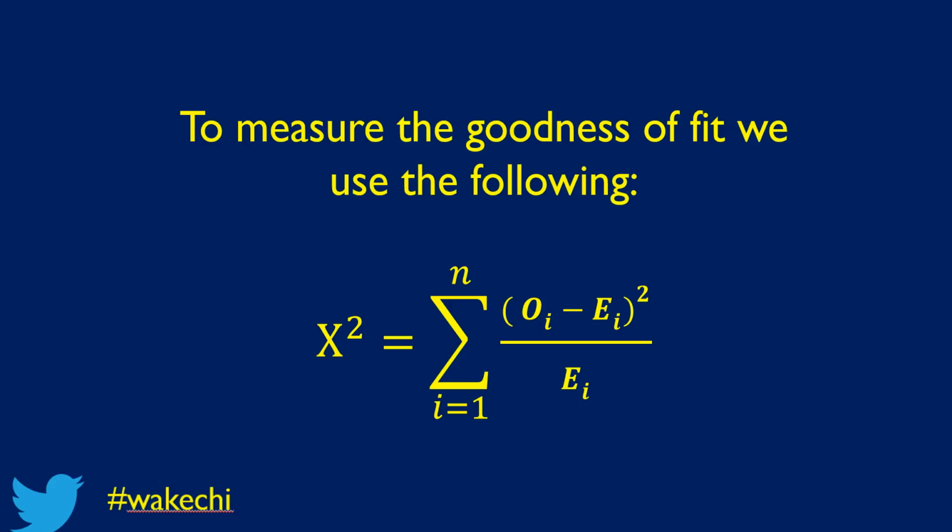What goodness of fit is concerned with is the difference between your observed data and the expected data. If you look at the formula, the further apart our observed data is from what we expect, the bigger this chi squared is going to be. So the closer this is to 0, the better it fits the data. The larger it is, not so good.